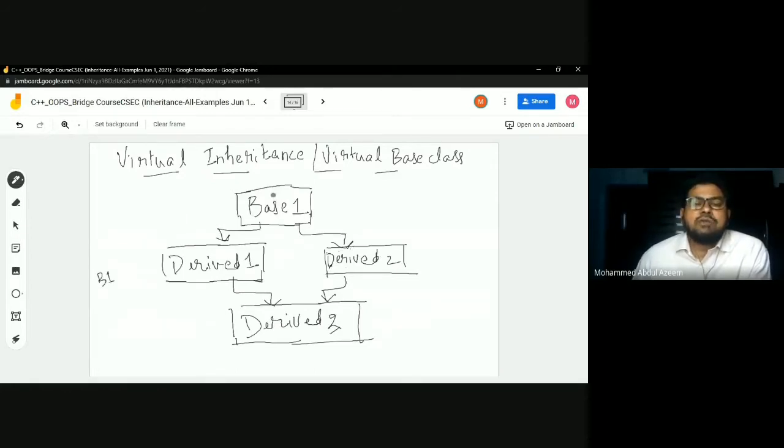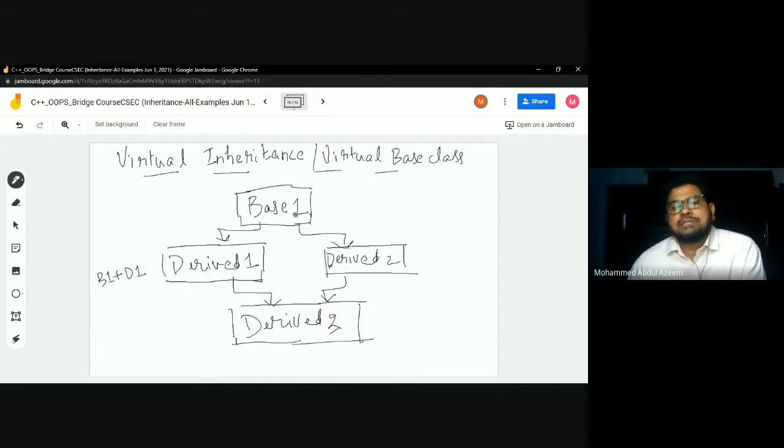So all B1 properties are inherited at Derive 1, right? So now Derive 1 consists of its own properties and a set of properties coming from Base 1. So Derive 1 has Base 1 properties plus Derive 1. Okay, good. So that's fine.